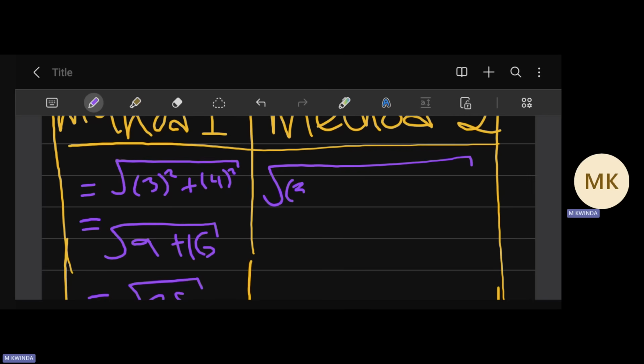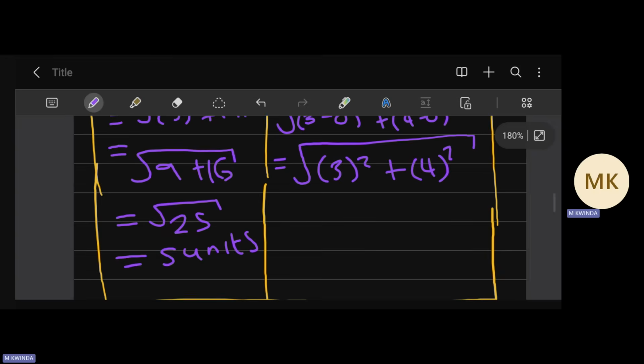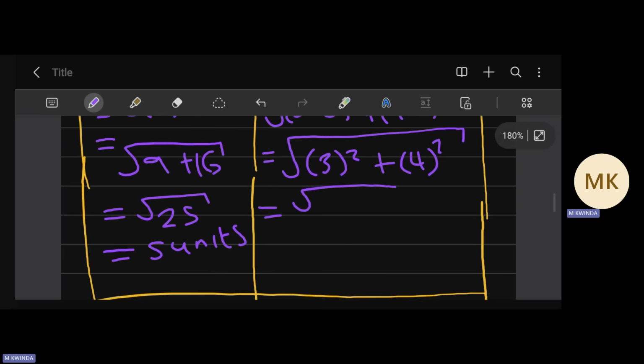So x2 minus x1 squared plus, as you can see, it's quite useless using this formula if you're starting from the origin, because you're basically just going to have that and that, which means you're doing now Pythagoras, right? So you'd have 25, which this is 5 units.